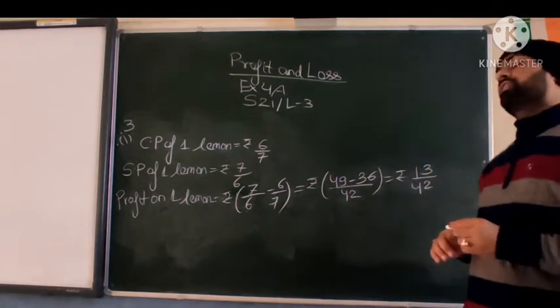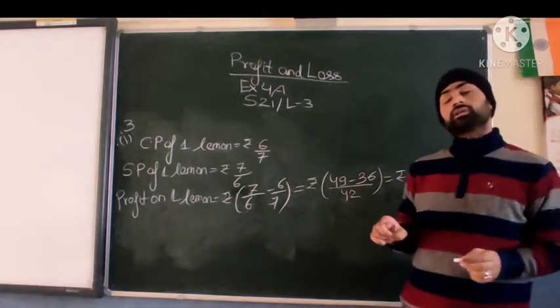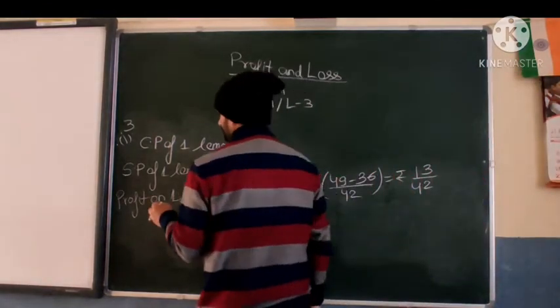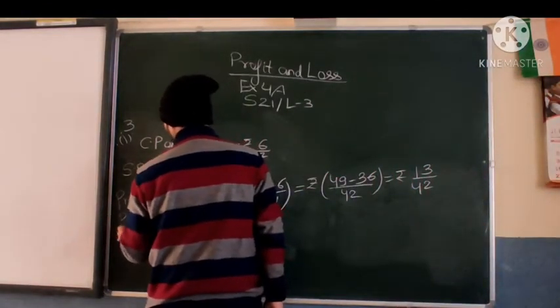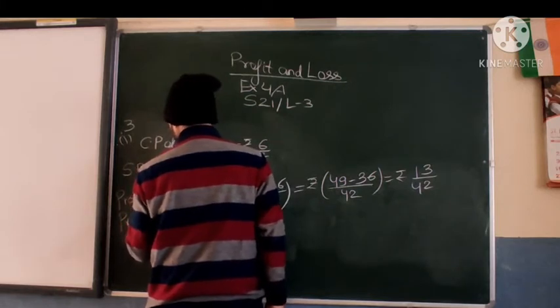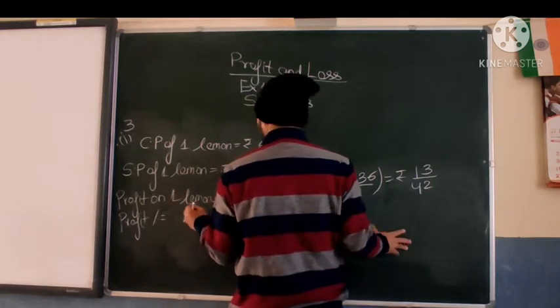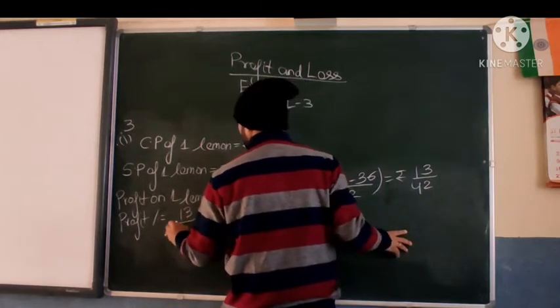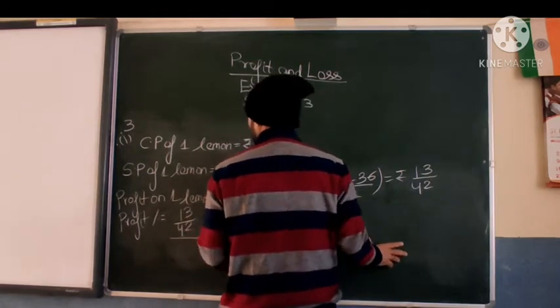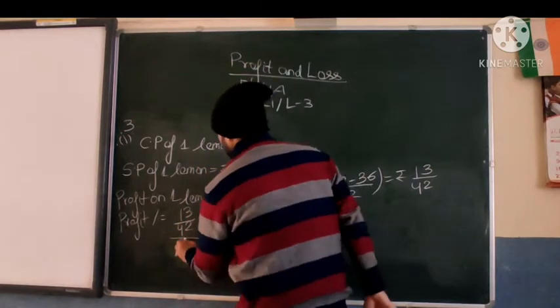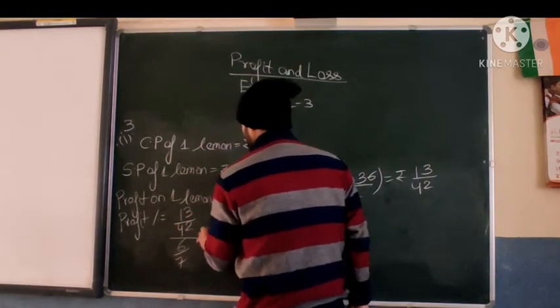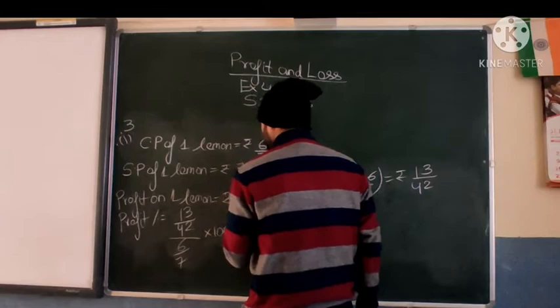So that 13 by 42 rupees is the profit on 1 lemon. So profit percent is profit, that means 13 upon 42 divided by CP, which is 6 by 7, into 100%.